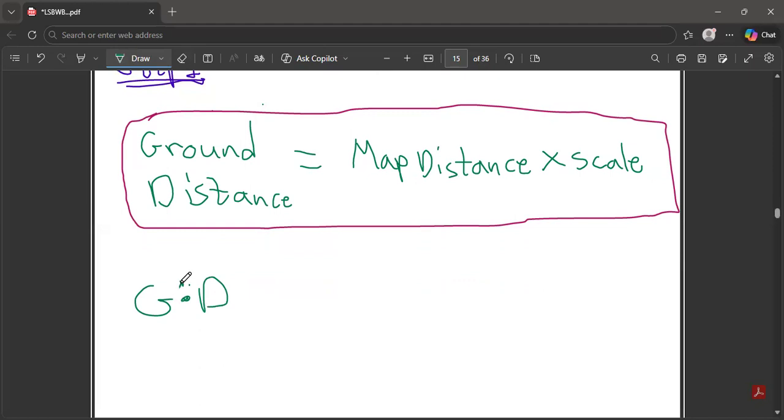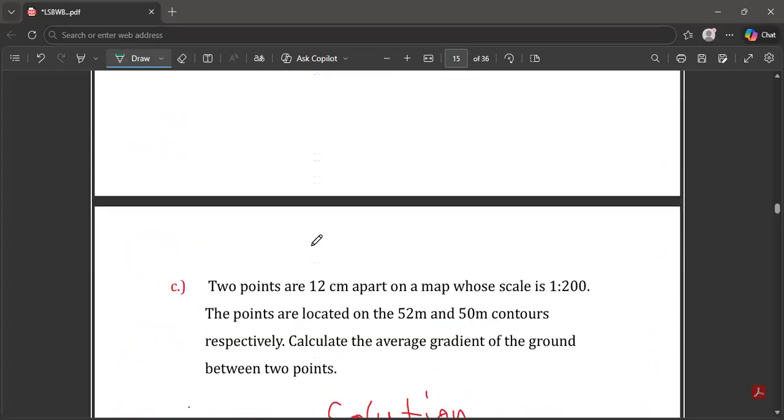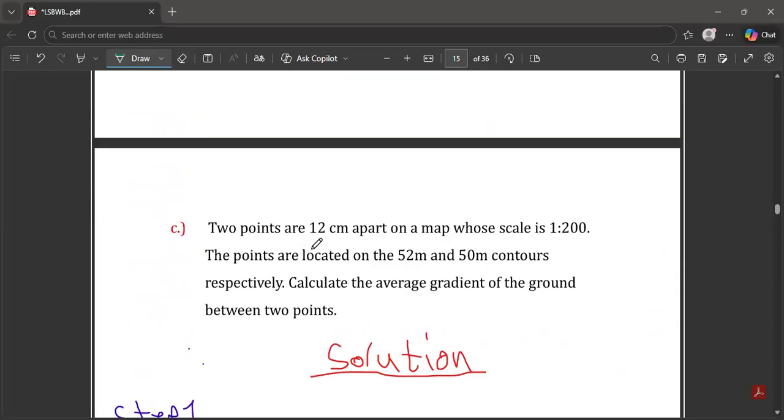This is going to give us our ground distance to be equal to what? A map distance. And the map distance from the question is what? The map distance in the question is 12 centimeters. And then the scale is what? You can see 200.